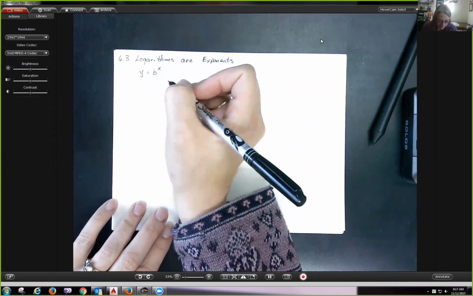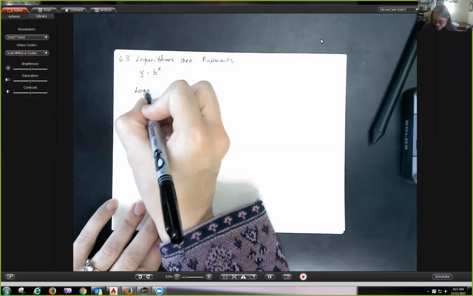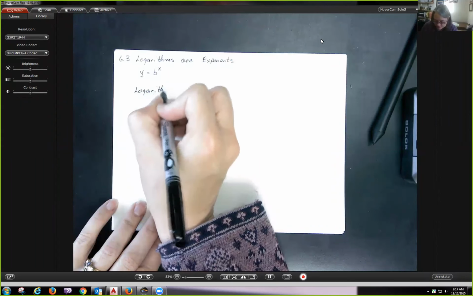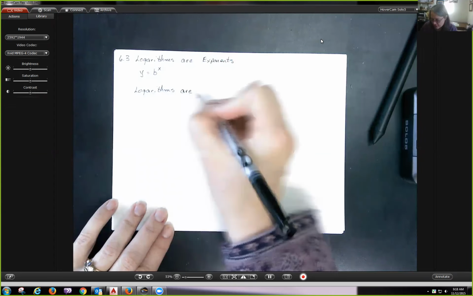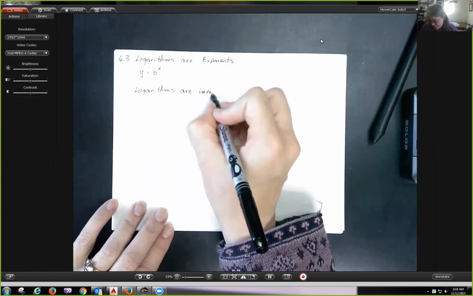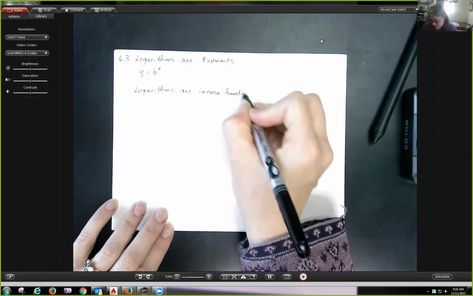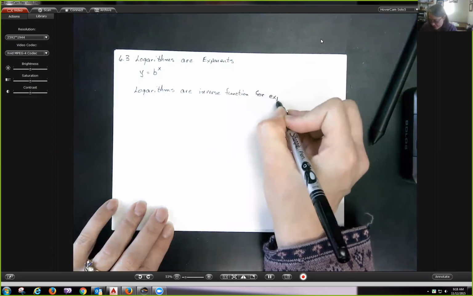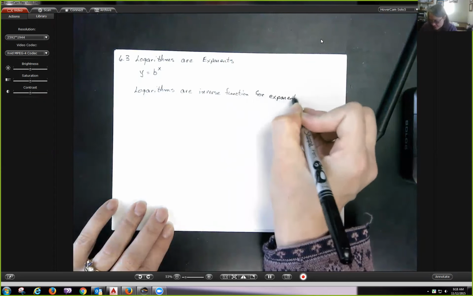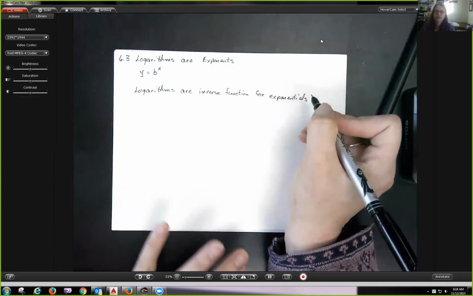That is what logarithms do. So the logarithmic function is the inverse function for exponentials. So this is a new type of function.